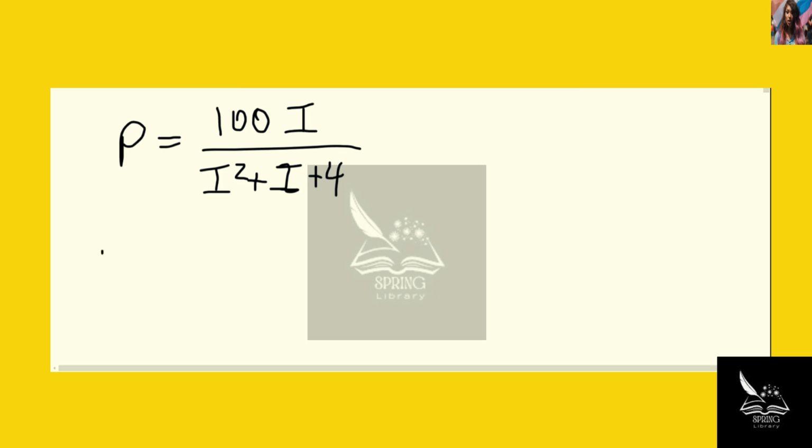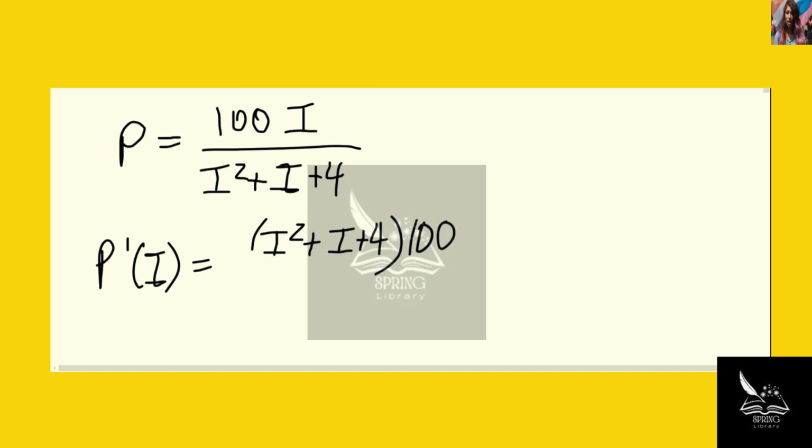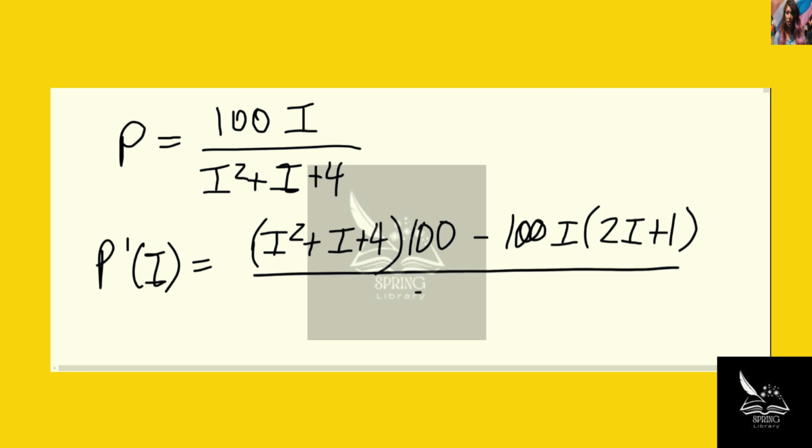So we have the derivative of p with respect to I, p prime of I. This is I squared plus I plus 4, bottom, times the derivative of the top, 100, minus the top, 100I, times the derivative of the bottom, 2I plus 1, all over the bottom, I squared plus I plus 4 squared.